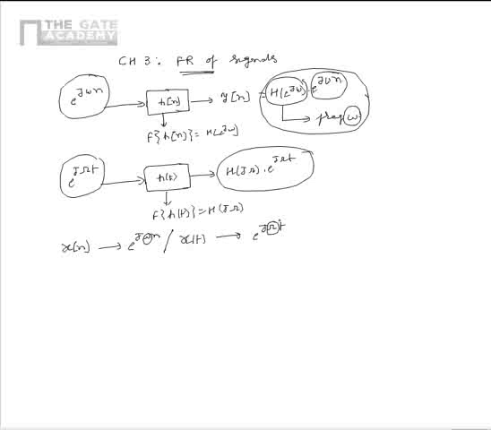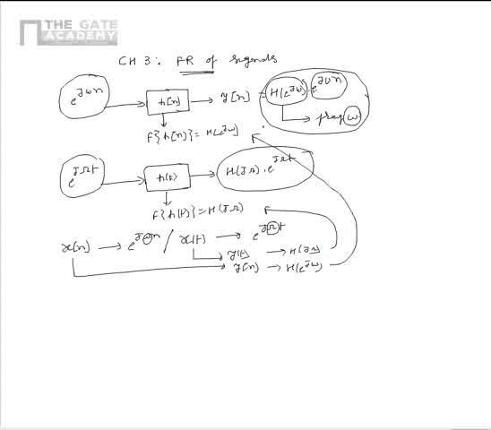Now, given this, we can generically get the output of the system, that is y of t or y of n, using H of j omega or H of e power j omega, which are defined as shown.